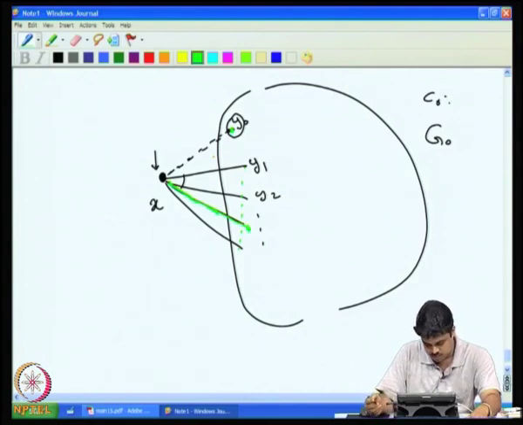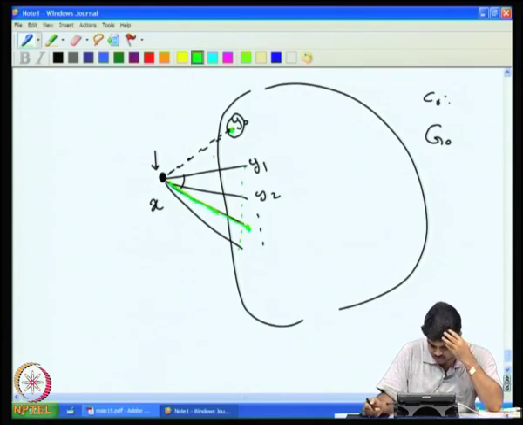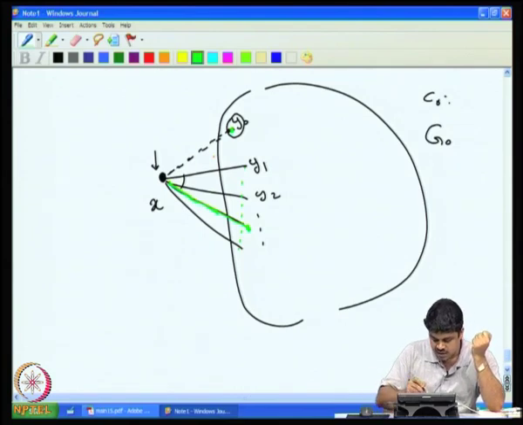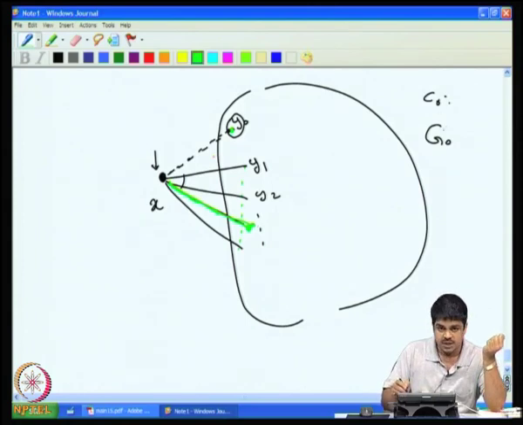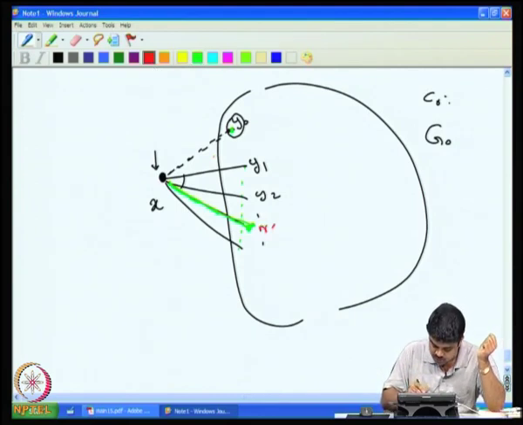So we can pick it up, and then we will rearrange. For instance, this is a green edge, and then here there will be one color missing. Let us say some red color is missing here.